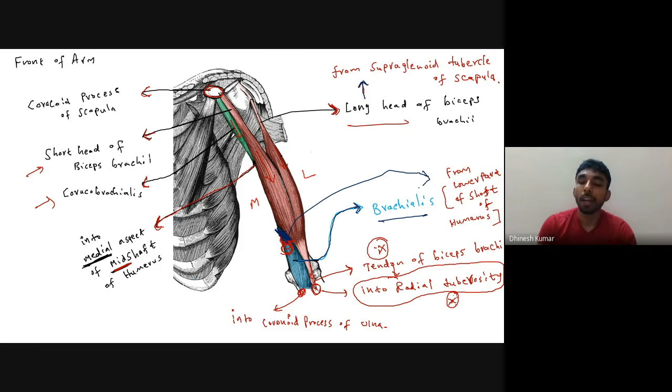Yes, it arises from the lower half of the shaft of the humerus, from the anterior aspect, and after crossing the elbow joint, this brachialis muscle is getting inserted into the coronoid process of ulna. So this diagram shows the origin and the insertion of all the three muscles of the front of arm: biceps brachii, brachialis, and coracobrachialis.